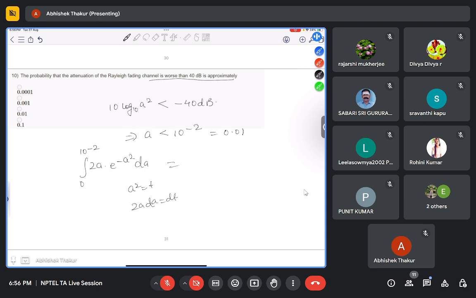Now substitute the limits: 0, and t is equal to a squared, so 10 to the power of minus 4. It will be e to the power of minus t dt, which we can write as minus e to the power of minus t.